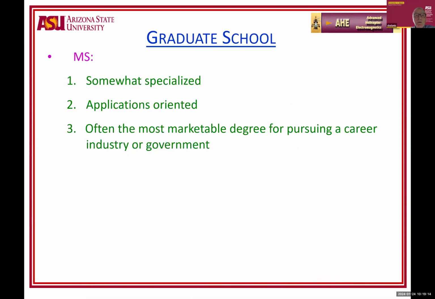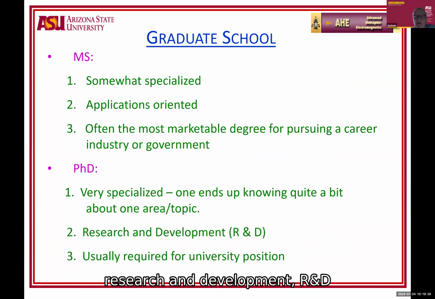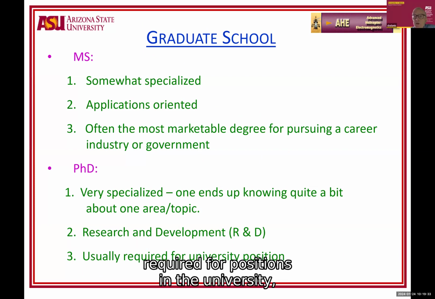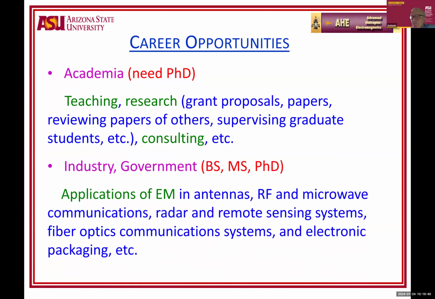Graduate school, master's level, somewhat specialized, applications oriented. PhD, more specialized in a particular area, research and development, R&D, required for positions in a university. Careers, academia, need a PhD. Industry, I'm sorry, let me go back over here.